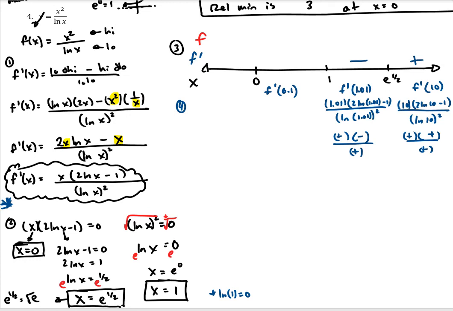If I plug it into my f prime here, I would have 0.1 times 2 natural log of 0.1 minus 1 all over the natural log of 0.1 squared. Again, I'm breaking this down. 0.1 is positive. Now this, without a calculator, is pretty tricky. If the natural log of 1 is close to 0, then the natural log of something smaller than 1 should be negative.